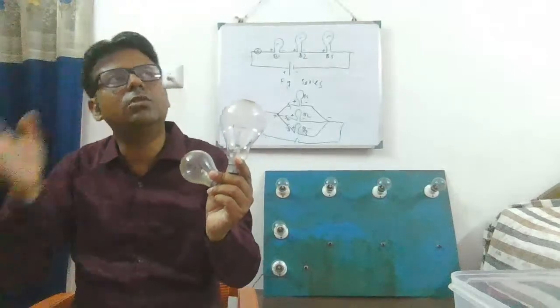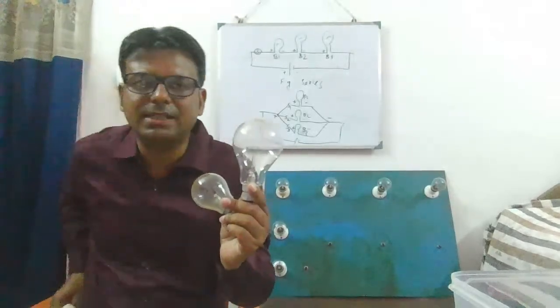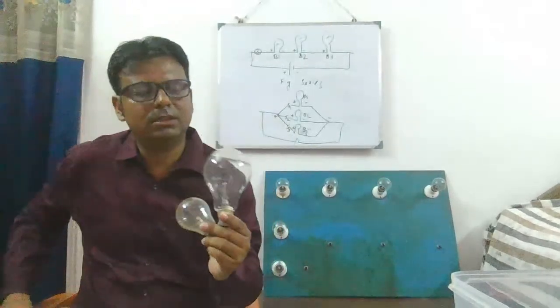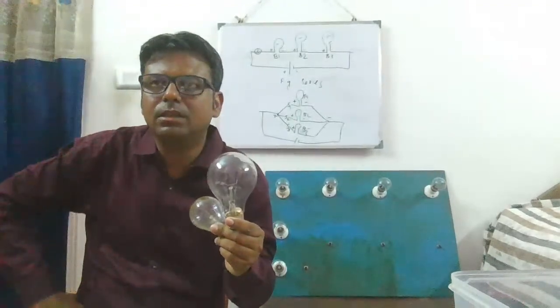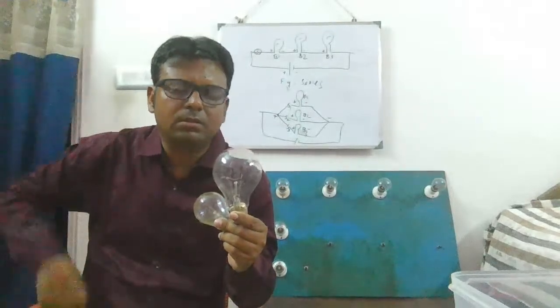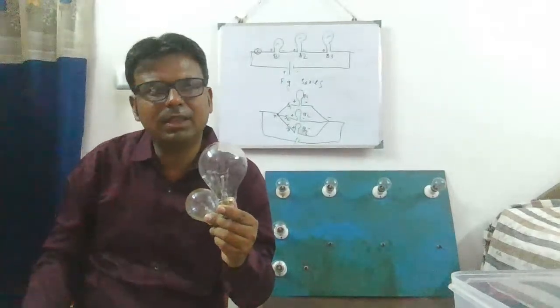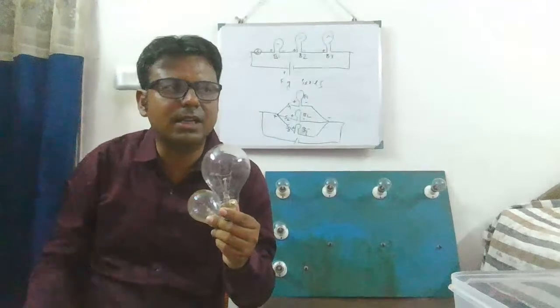In our home appliances, we usually see that if we don't see up to the mark, then we use a more powerful bulb, as I did in our childhood days.